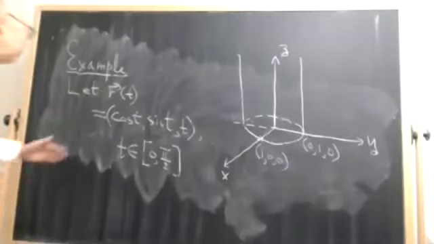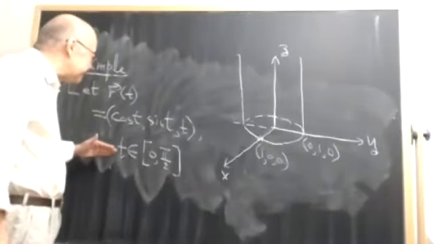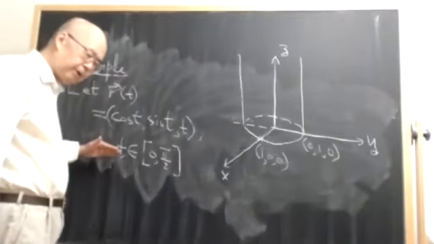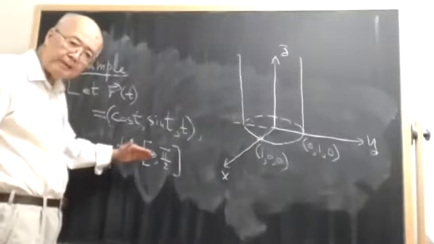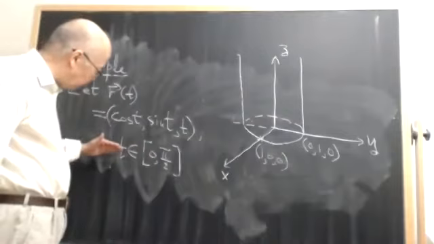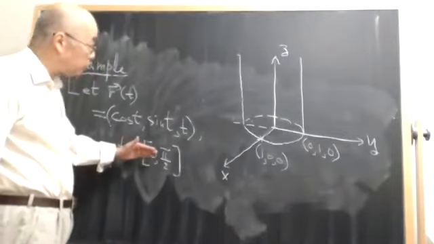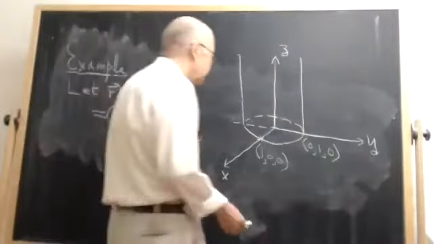Now, t is increasing because time evolves. So it evolves from 0 to pi by 2.